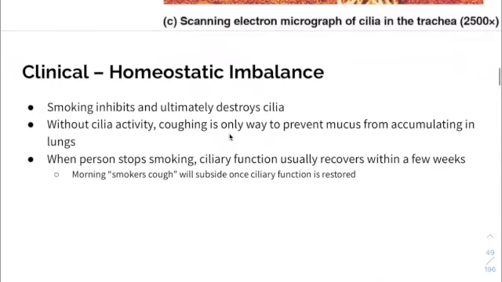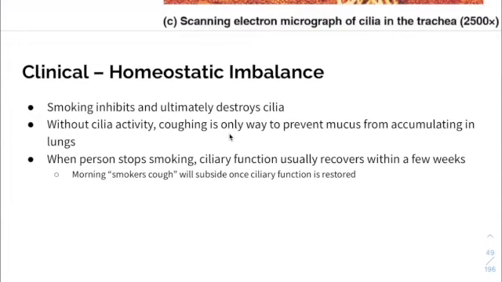So what does smoking do? Smoking actually inhibits that cilia, and continued smoking will actually destroy the cilia. So that cilia can't remove mucus away from the lungs.